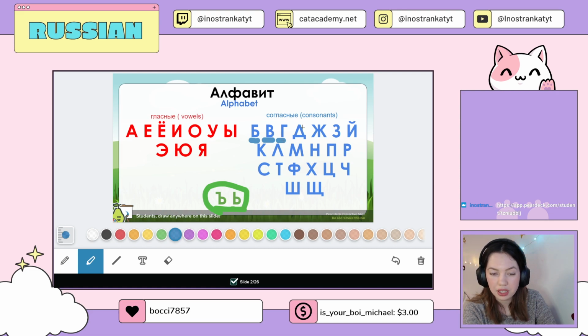All three are consonants. All of these blue are consonants. Гласные. Next one is D, D, D. Ž, Ž, Ž.